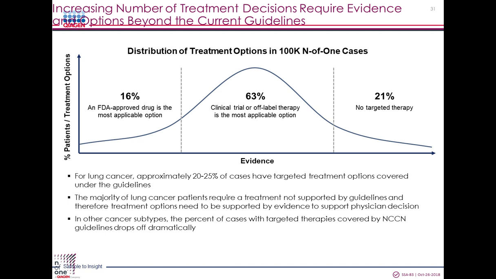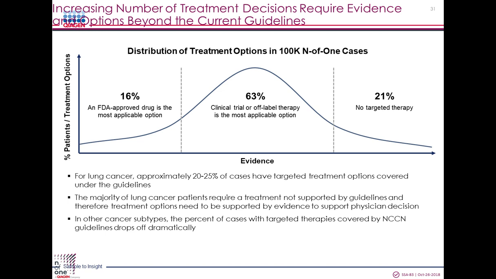However, only a small percentage of cancer cases actually qualify for an FDA-approved therapy based on a biomarker. And when you look at a distribution curve, from on the far left the percentage of cases where there is an FDA-approved drug that's predicted, where responses could be predicted by a biomarker, all the way to the far right where there's no targeted therapy available, it turns out that only 16% have an FDA-approved therapy that's the most applicable option.